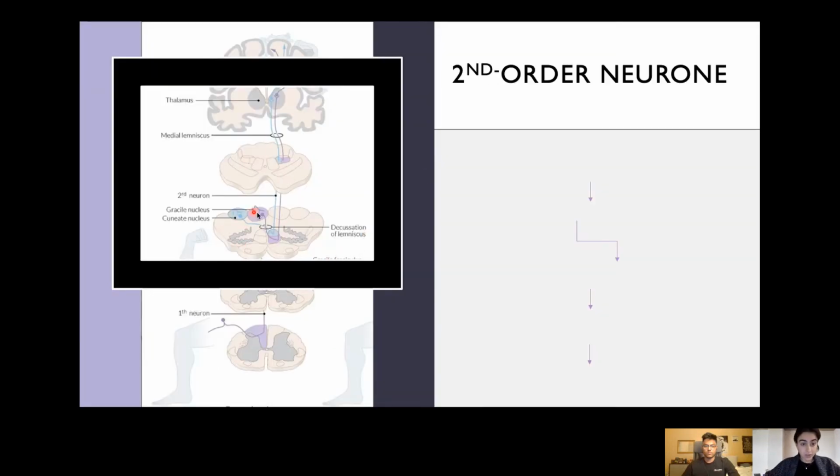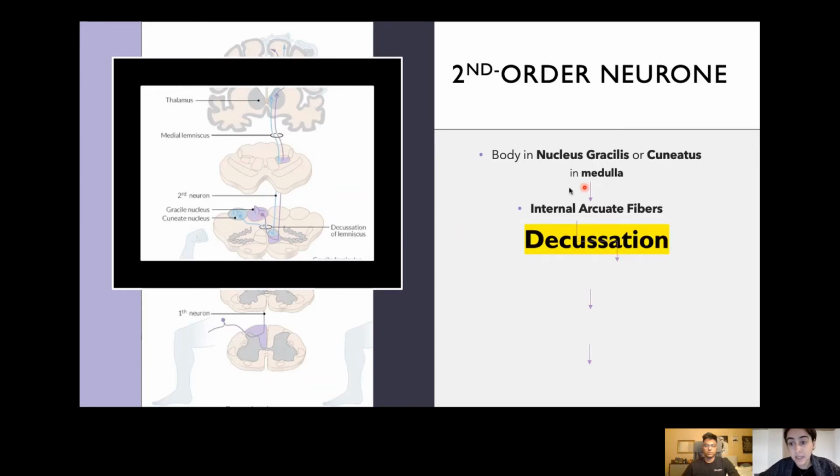Now, second order neuron. The second order neuron, the cell body is in the nucleus gracilis or nucleus cuneatus. It will decussate. That means it will cross to the other side, forming the internal arcuate fibers. And those internal arcuate fibers will make the medial lemniscus, which is in the brainstem.